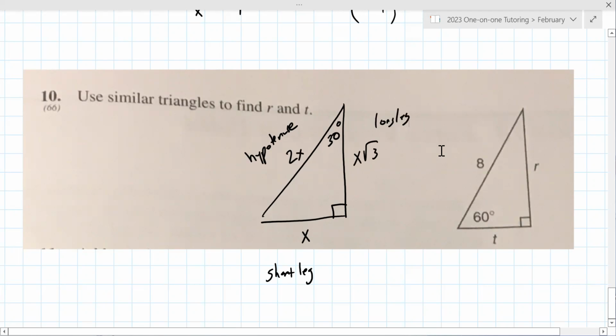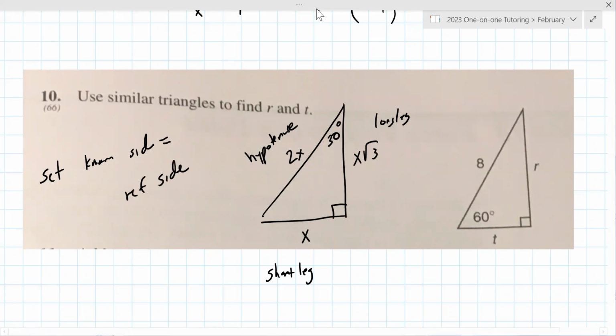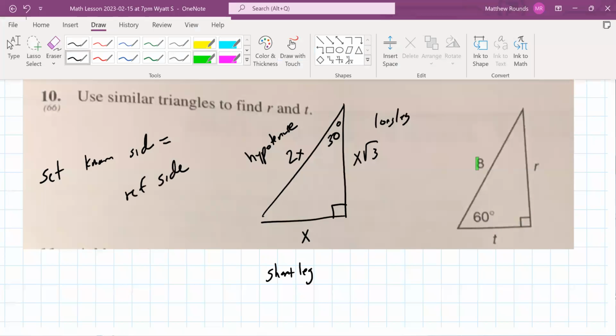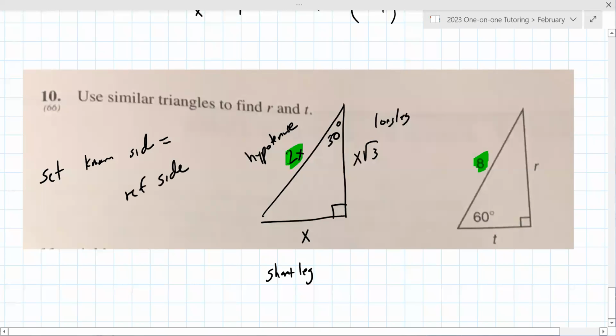And what you do is you set the known side equal to the reference side. So your known side is 8, and that's the hypotenuse. Do you see that? Yes, no, maybe.